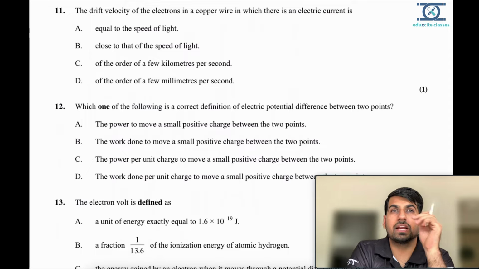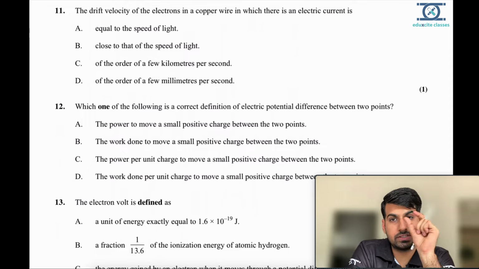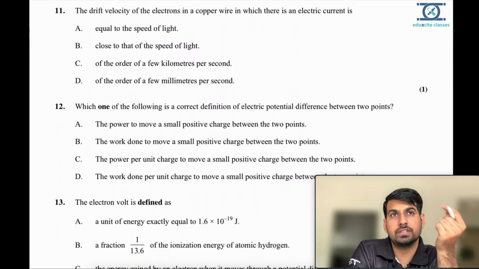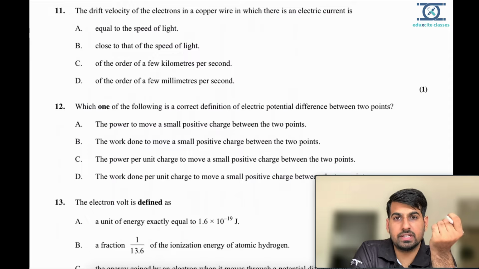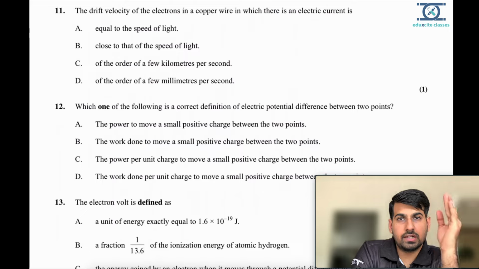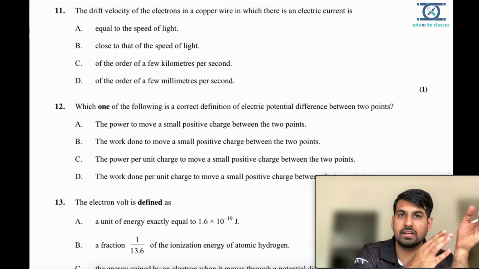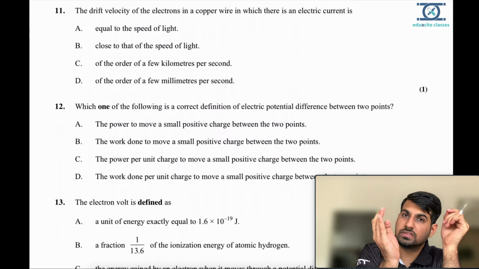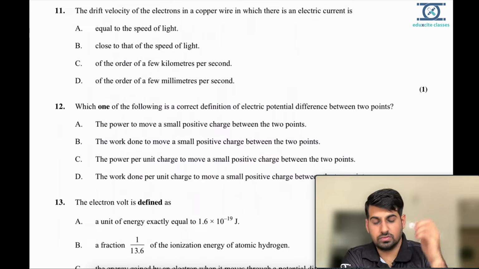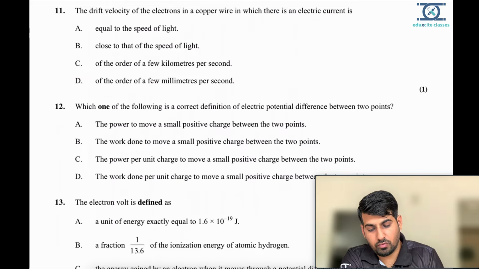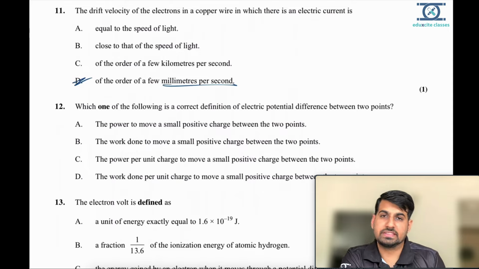Now we know that electrons are not moving at all, they are just drifting. So when we say drifting, they are just moving a small distance. All the electrons, when the potential difference is suddenly applied and the electric current is flowing, just drift from their place. It means they are covering a very small distance. So you can say it is of the order of few millimeters per second.